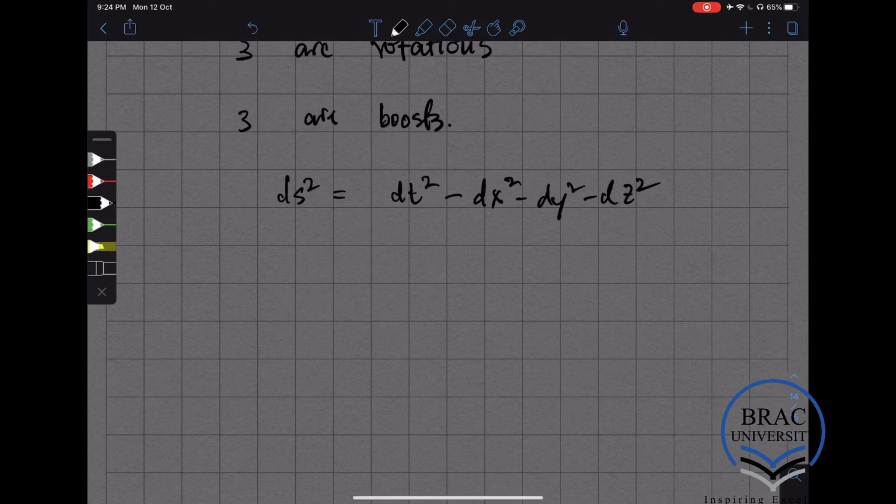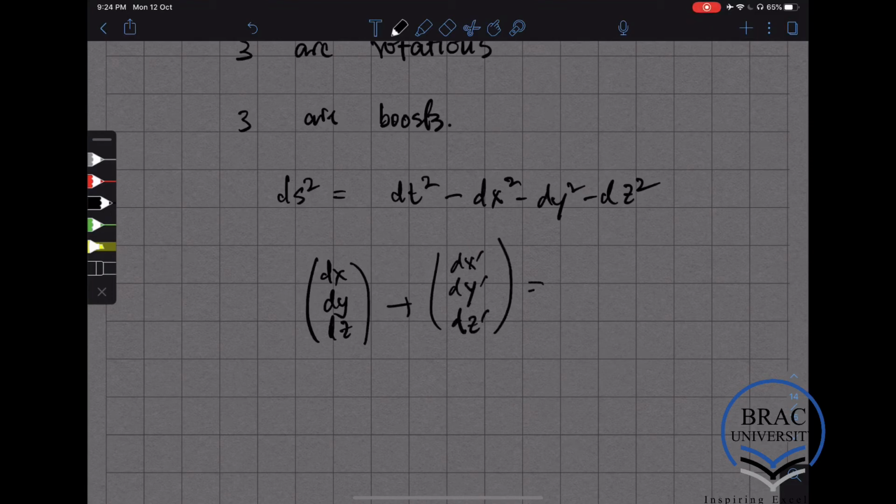Now, if I just make a rotation of the dx, dy, dz vector, by a rotation matrix, which you probably all know about, so R of dx, dy, dz, then we know that the length of this thing is going to be unchanged. The length of this thing is equal to the length of this.